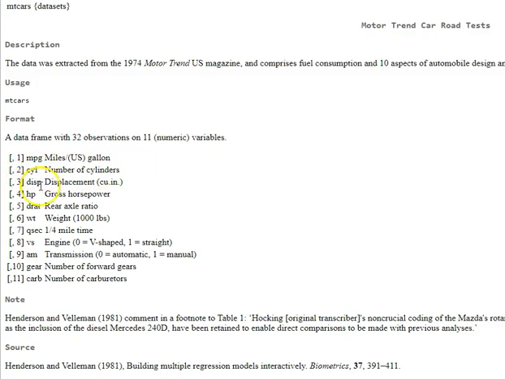CYL is cylinders, DISP is displacement, HP is the horsepower, and we have the weight, rear axle ratio, and other types of information, for example, if the engine is V-shaped or straight, the transmission shown by AM, number of gears, and the other variables here.